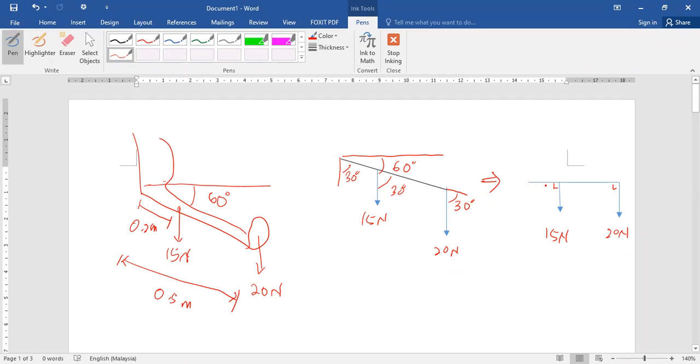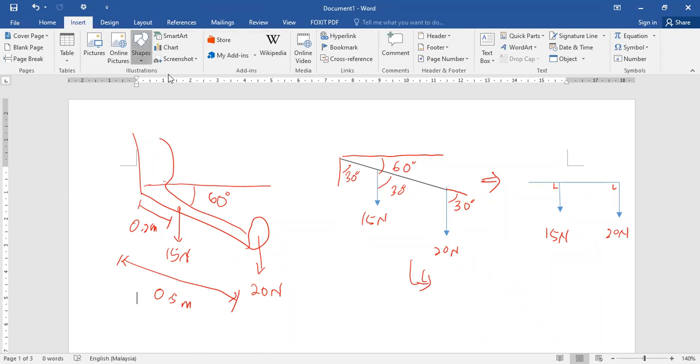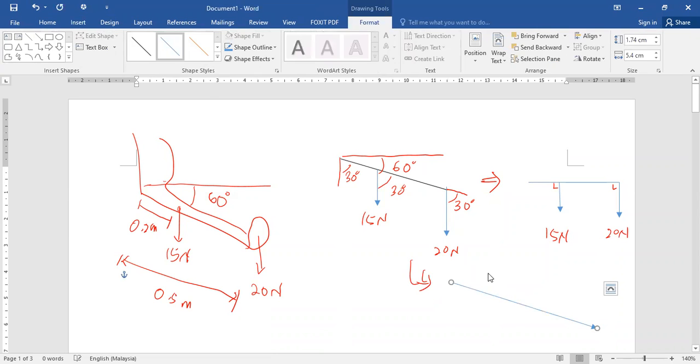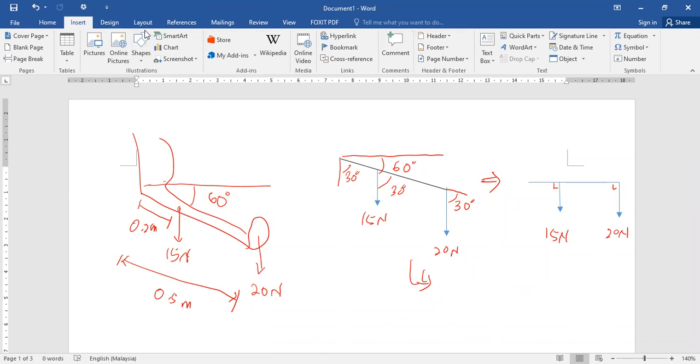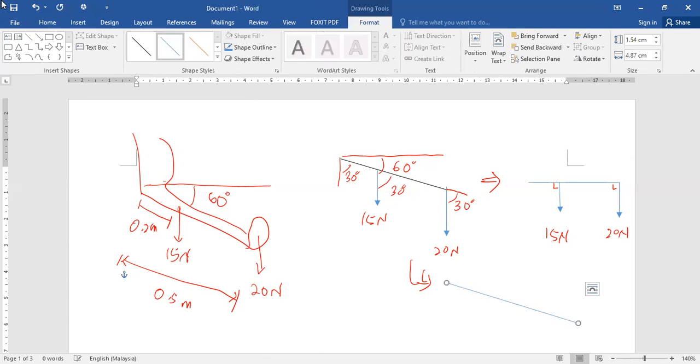Okay, we can solve it without changing the force, or I can use the concept. What I do, I remain the distance. I remain the arm like that, but I resolve the force.